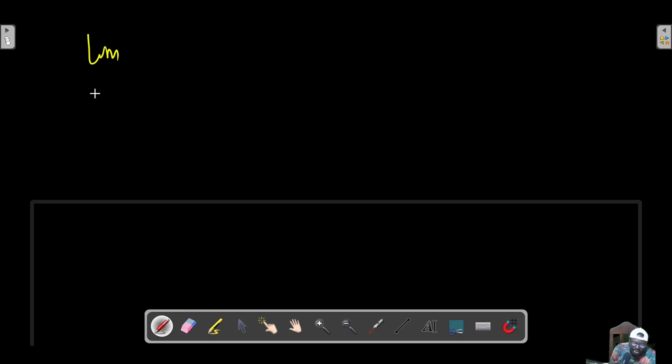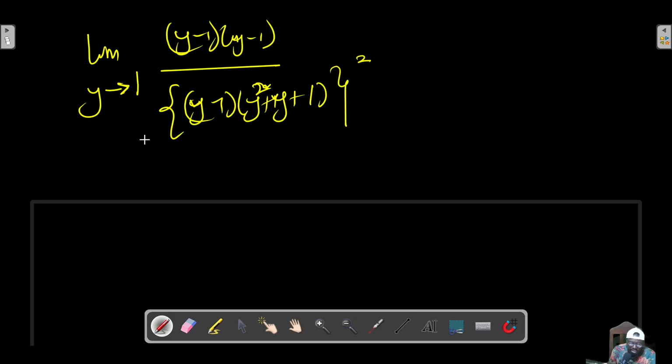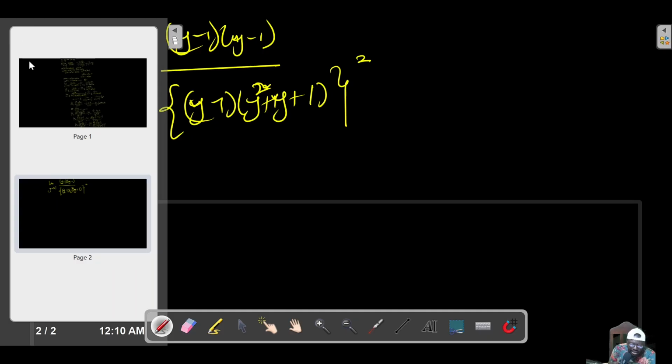As I had, the limit as y approaches 1 of y minus 1, then I had y minus 1 times y squared plus y plus 1, all squared. Was it squared or cubed? Let me check.